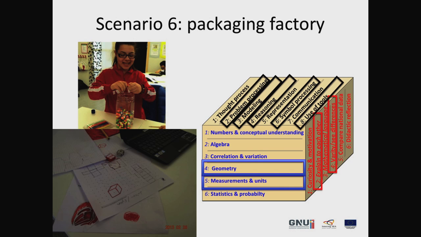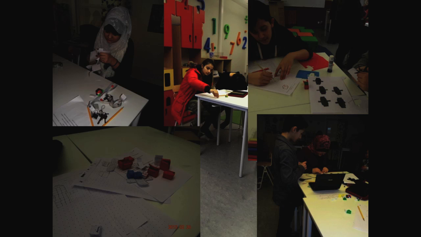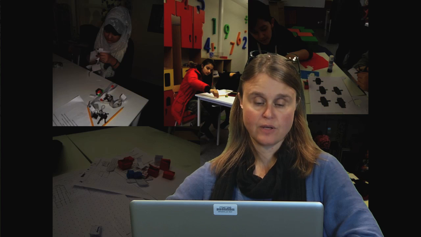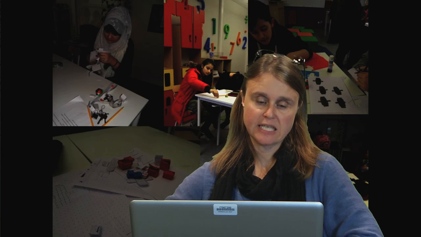Here geometry and measurements in units were specifically addressed in relation to key content, also involving a range of competencies that the students trained, as well as finding out added values. Here are some additional pictures of the work the students did in this particular scenario.